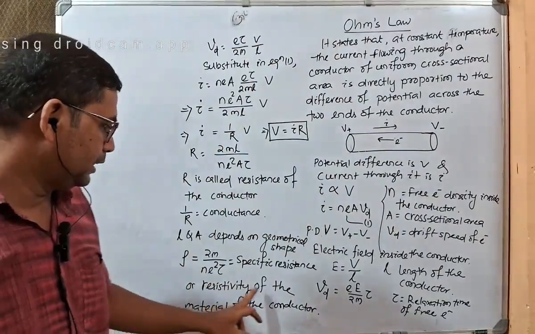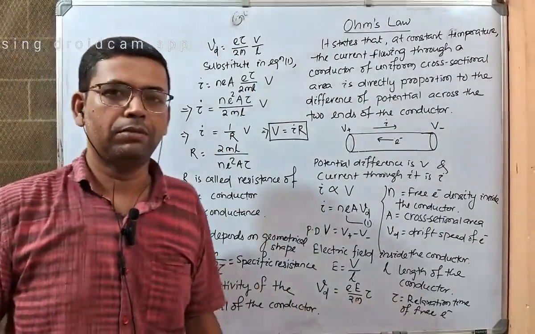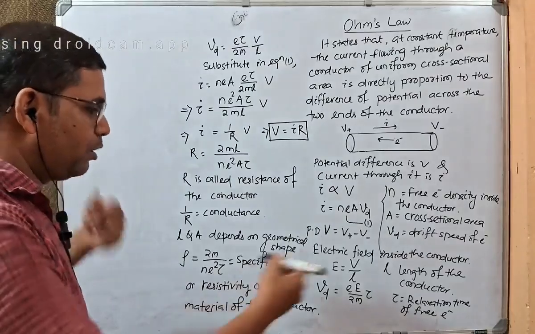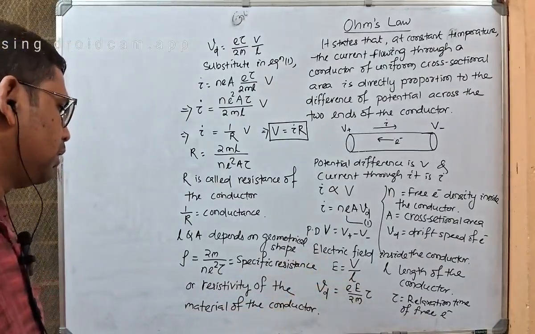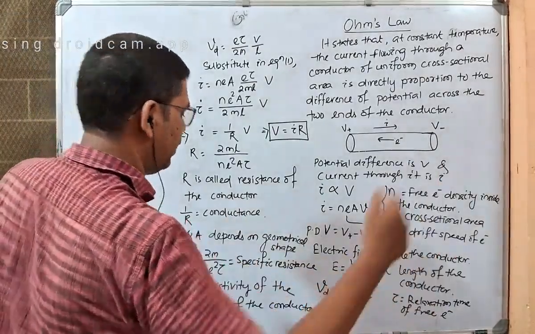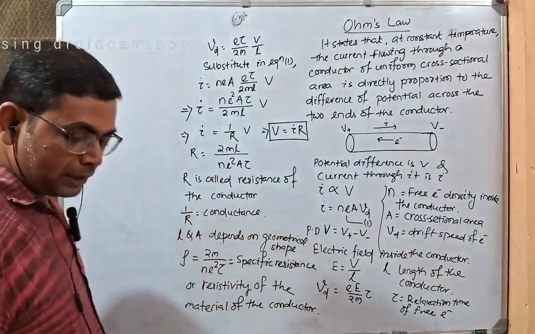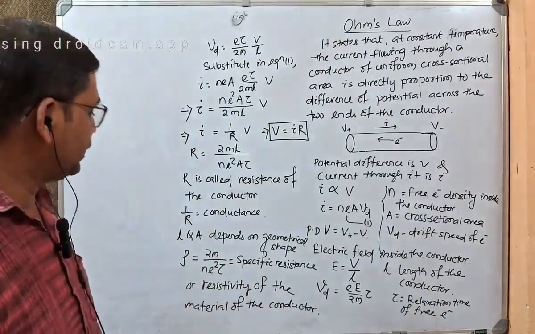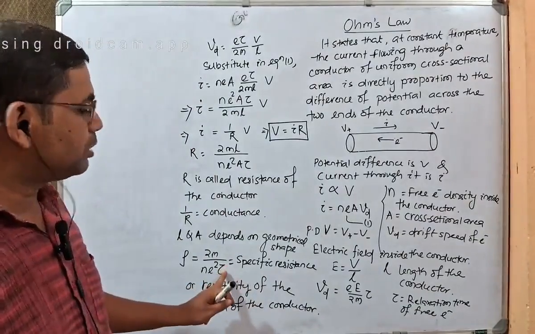This rho is the resistivity of the material, it changes from material to material. Relaxation time also changes with the temperature.